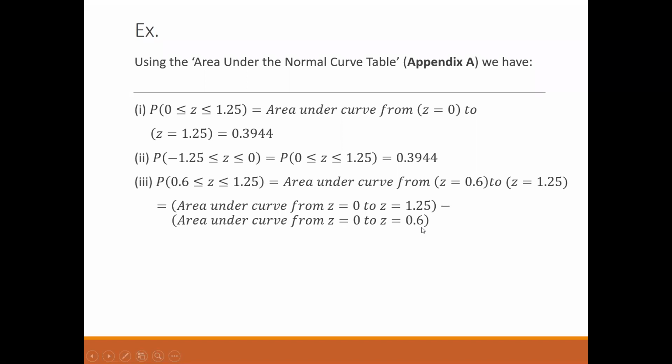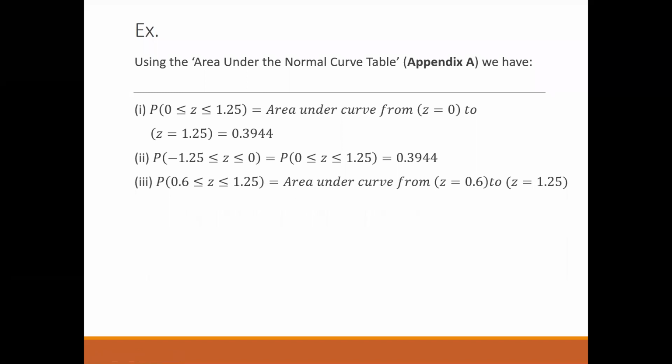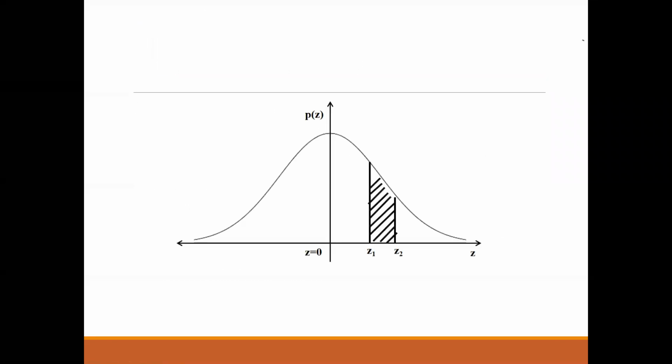Those who have not understood this, I'll show you on the graph here. I want you all to draw the graph which we had done here. Let us say Z1 is 0.6 and Z2 is 1.25.